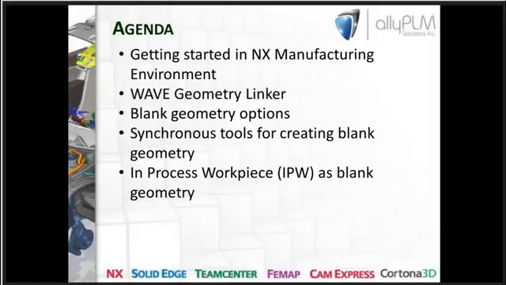Next, we'll look at wavelinking your part geometry. Then we'll talk about each different option for creating blank geometry. Then we'll look at using synchronous tools to create blank geometry. And lastly, we'll look at how to reference an existing IPW or in-process workpiece as our blank geometry.